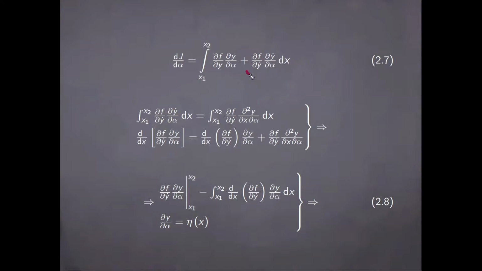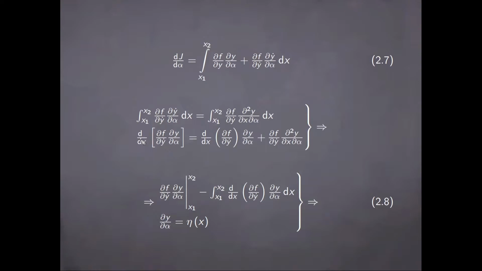Now, regarding the second term in particular, it is obvious that the second derivative here can be expanded as follows. So this is the second order derivative of y with respect to x and alpha on the one hand.